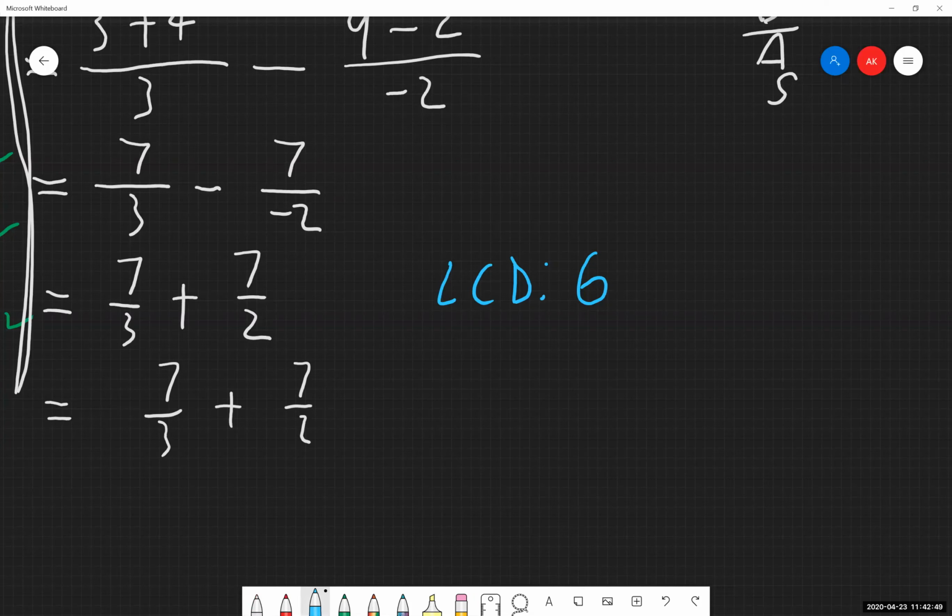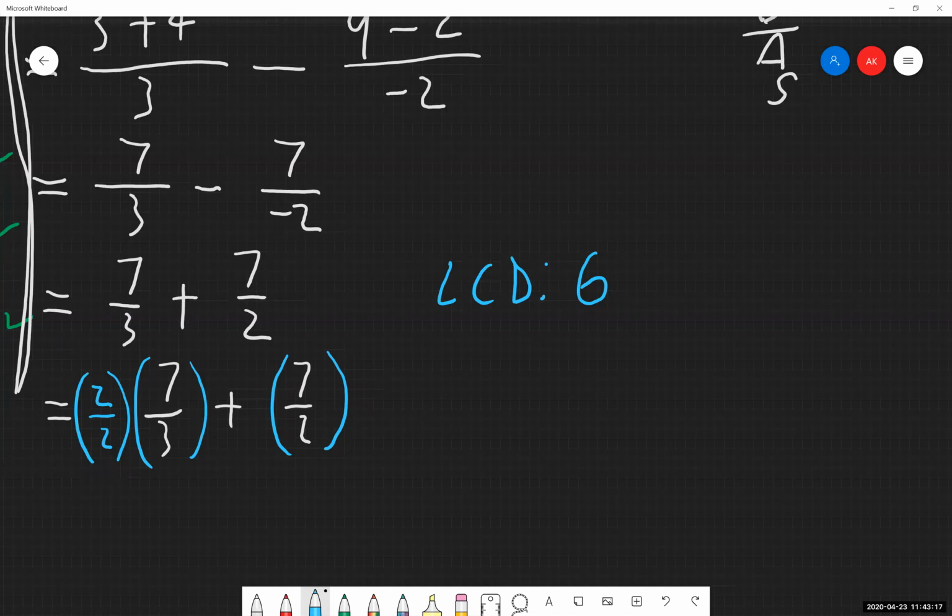So we need to scale each of these things to have a denominator of 6. So I'd say, what can I multiply the first fraction by so the denominator will be 6? Well, I want to make an equivalent fraction. So 3 times what gives me 6? Well, 2. To keep this thing equivalent, I need to multiply the denominator and the numerator by the exact same thing for that fraction. I am multiplying it by 1 technically, because 2 over 2 is just 1.